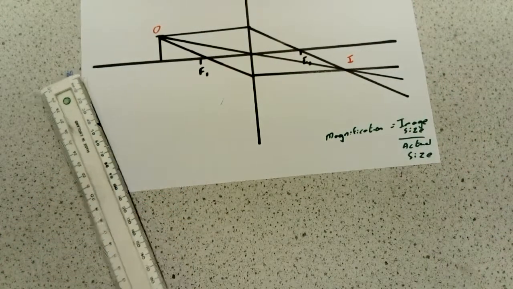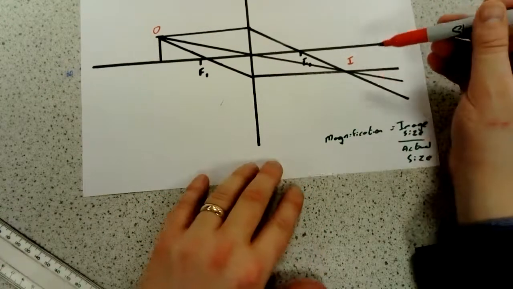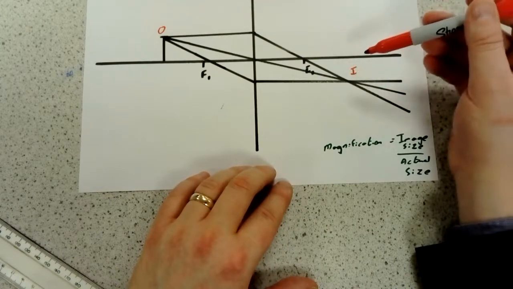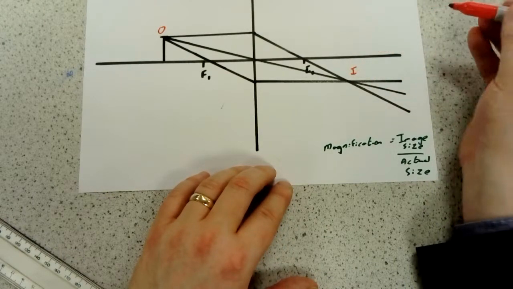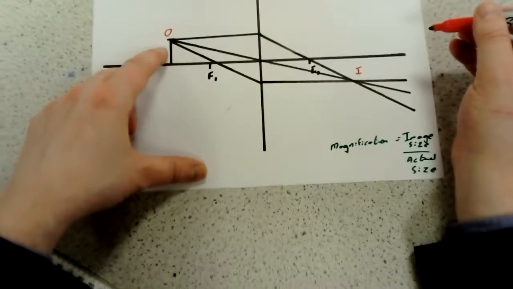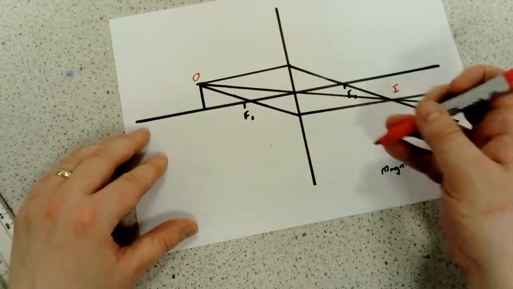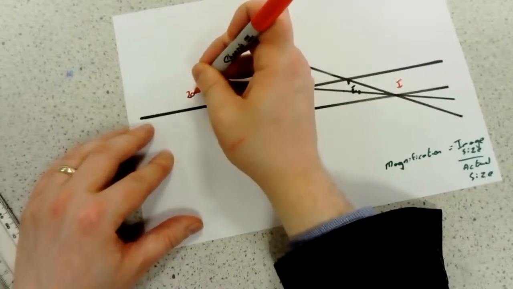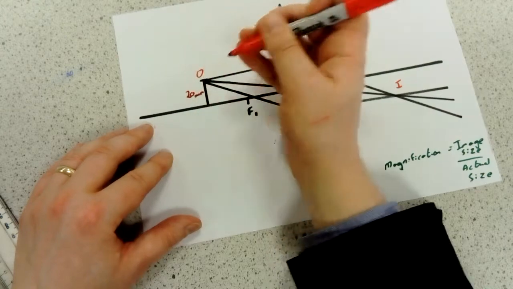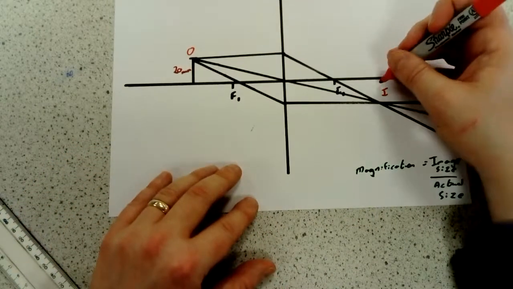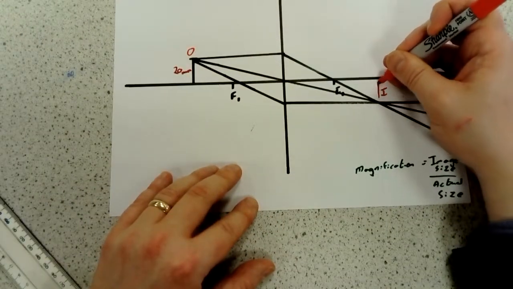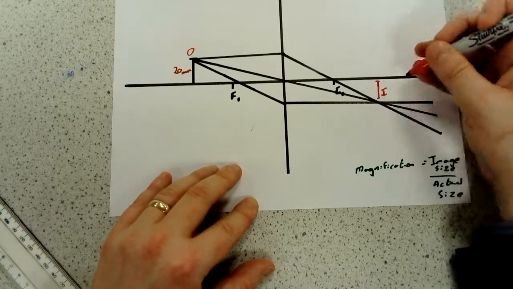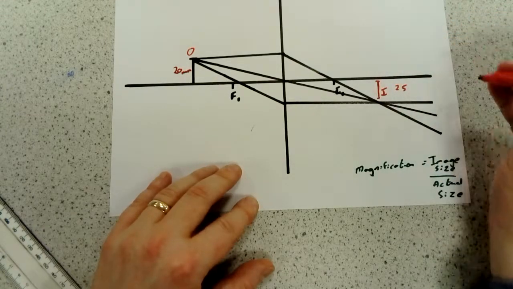From this, we can work out if there's been any magnification. So if we look here, our object is roughly 20 millimeters tall. Our image on this side is roughly 25.